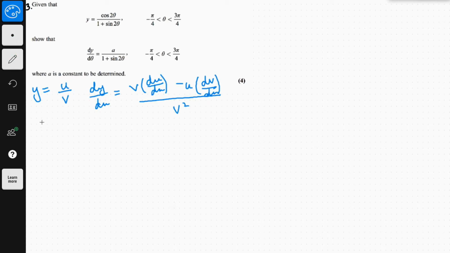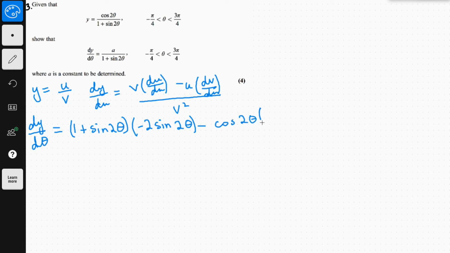So let's see. Here dy d theta would be equal to v, which is 1 plus sine 2 theta, times the differential of the numerator, which is cos 2 theta, so that is negative 2 sine 2 theta, minus cos 2 theta times the differential of the denominator, which is 2 cos 2 theta.